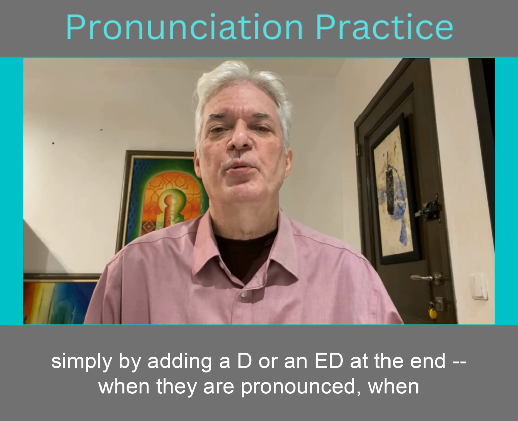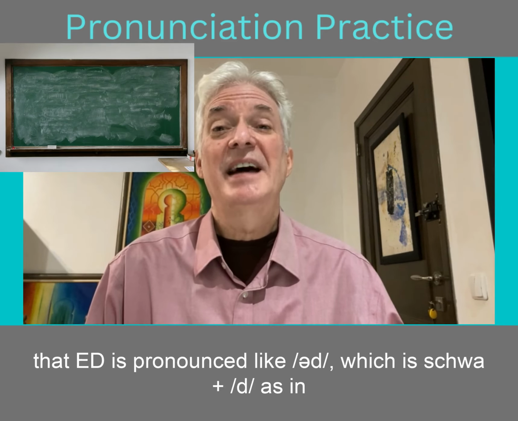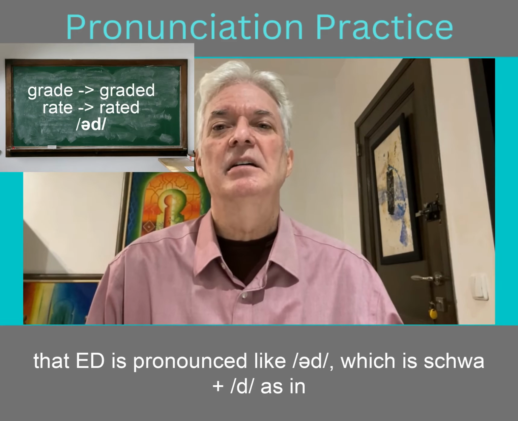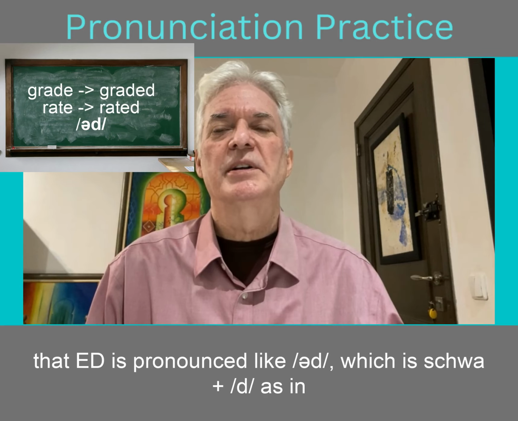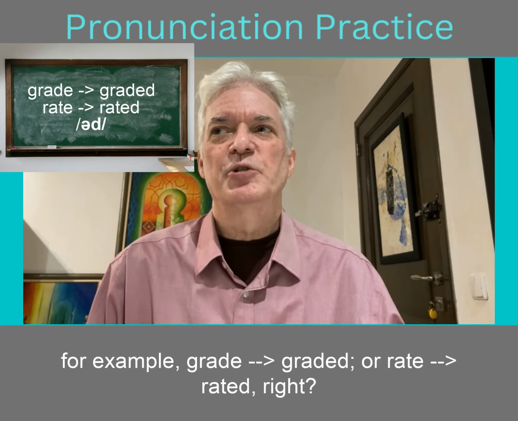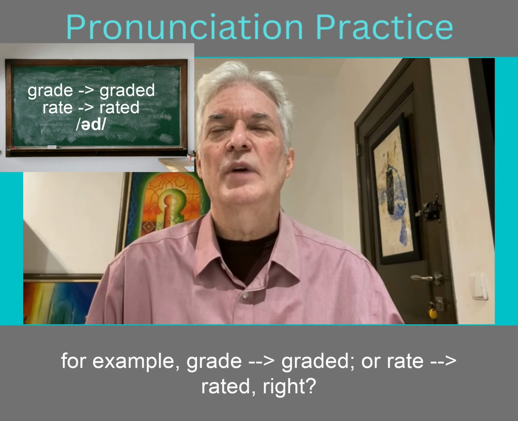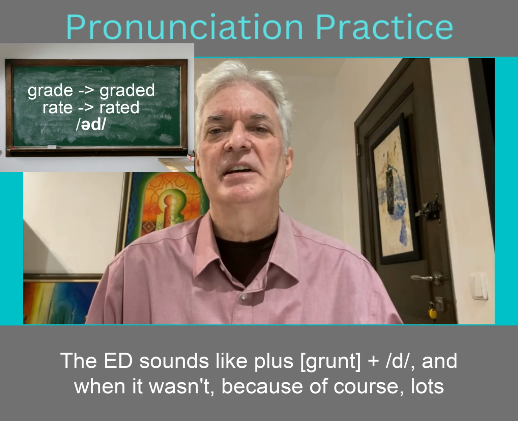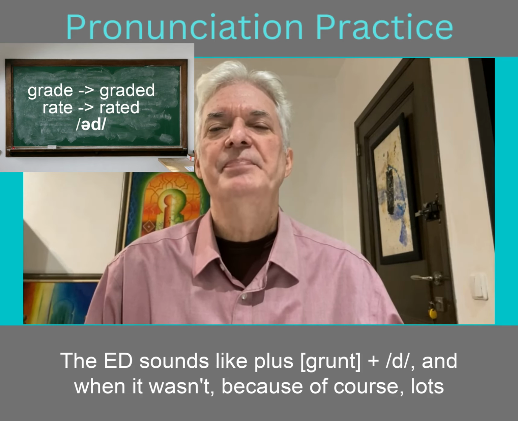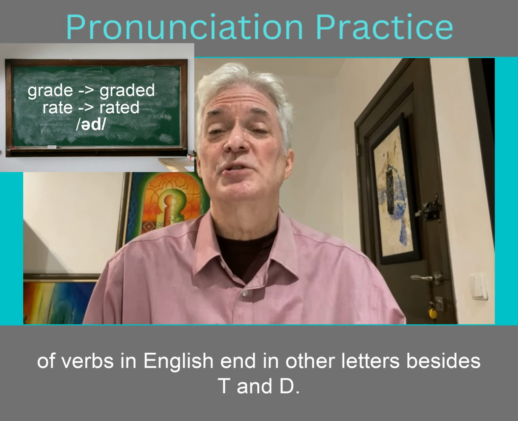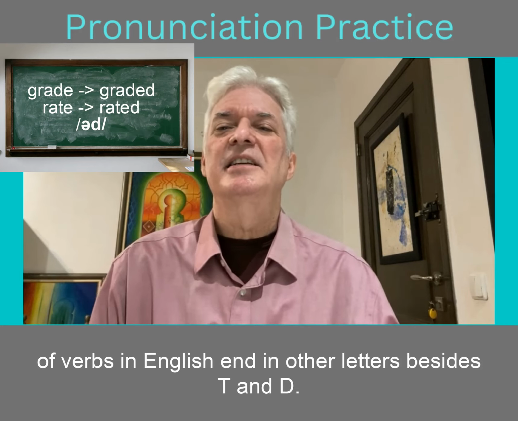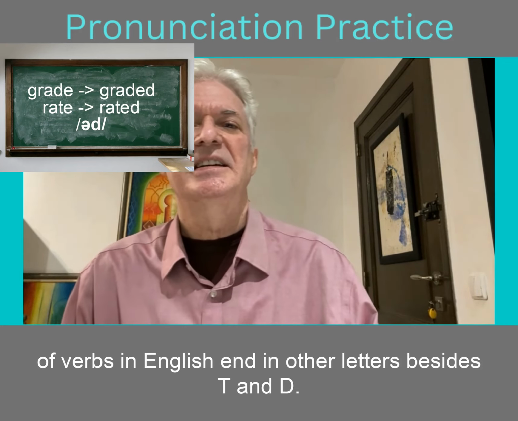When that ED is pronounced like "ud," which is schwa plus d, as in, for example, grade, graded, or rate, rated, right? The ED sounds like schwa plus d. And when it wasn't, because of course lots of verbs in English end in other letters besides T and D.